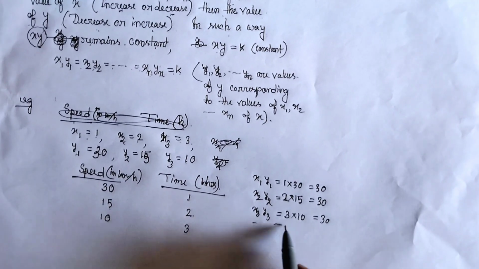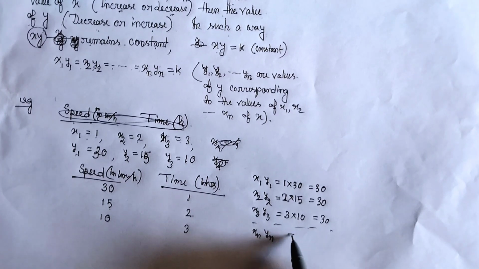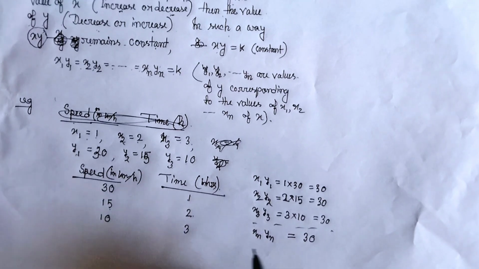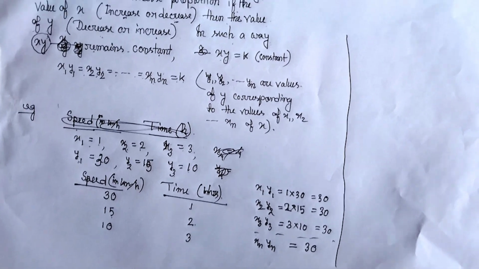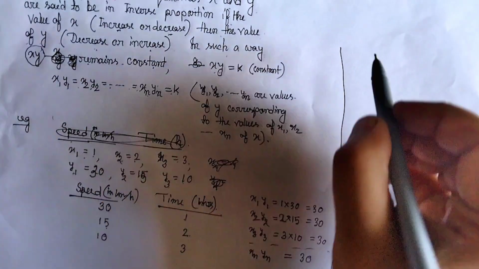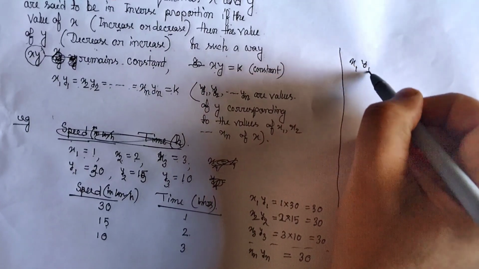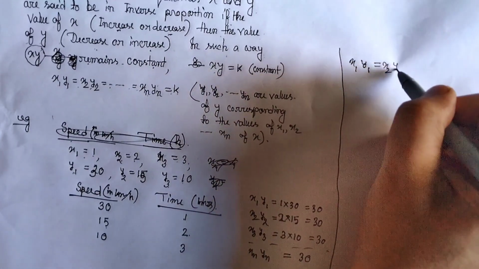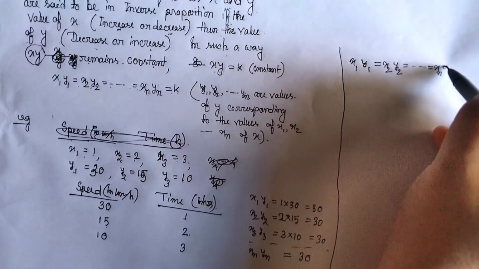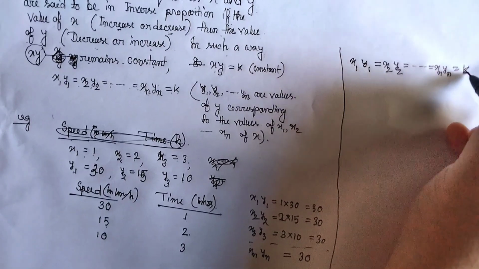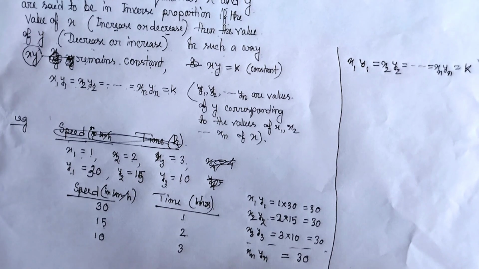So here xn yn is also the same, suppose 30. So here their product remains constant. So x1 y1 equals x2 y2 equals xn yn equals a constant. So their product remains the same.